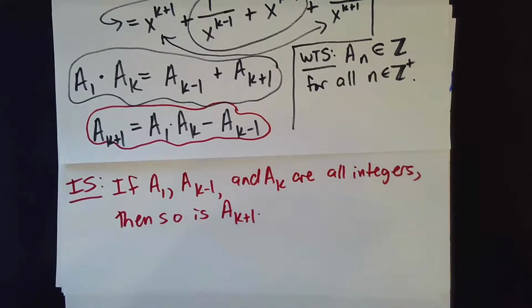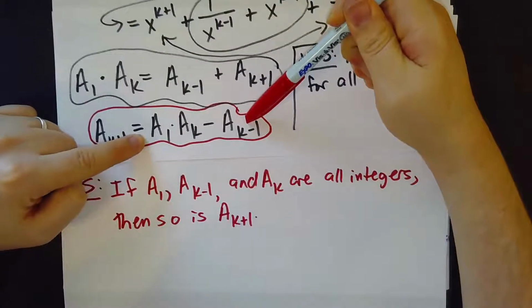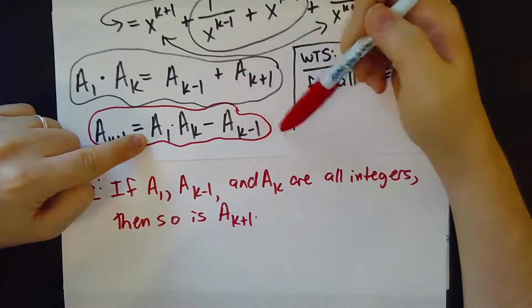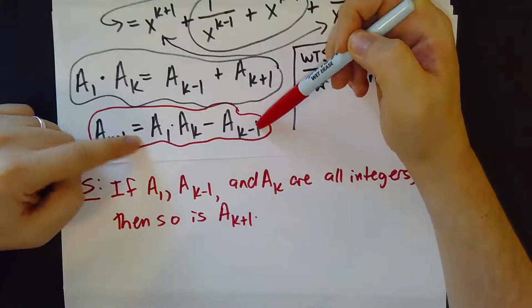Which is that if I know that all of a sub 1, a sub k, and a sub k minus 1 are integers, well, then of course, if all three of these are integers, then the product of two integers minus a third integer, that's an integer.